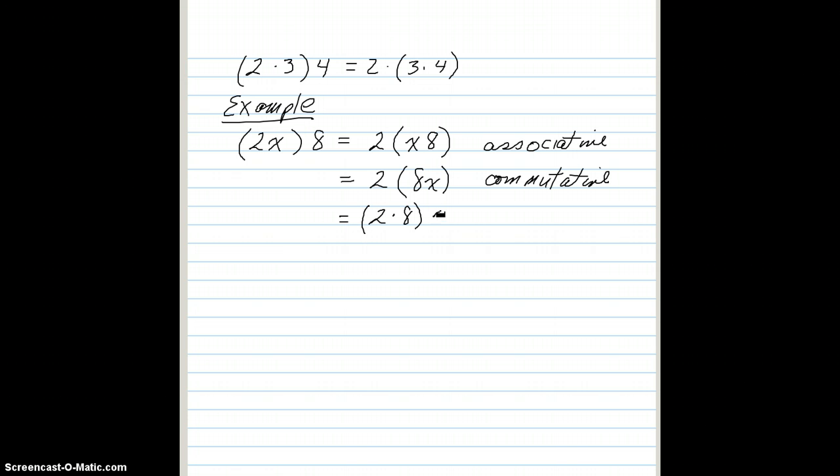So again, we're going to use the associative again. But 2 times 8 is 16. Don't need the parentheses, right? And that is basically a simplified version of 2x times 8.